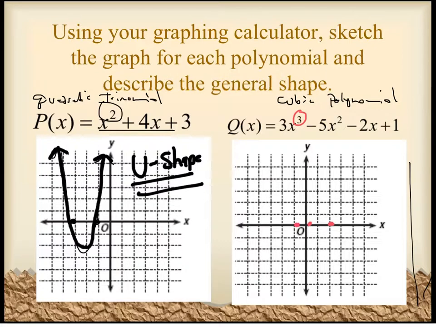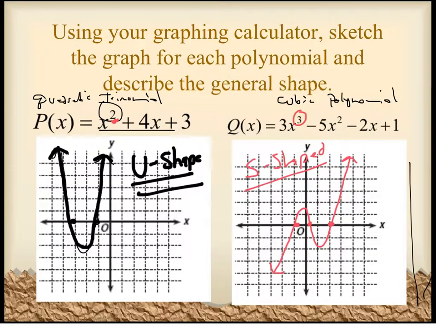I'm going to draw the general shape now. This guy comes up, comes back down, and there's our shape. And notice the difference. We have a squared guy right here, and I have a U-shape. I have a cubic guy, and we're going to call this guy S-shaped. A couple things here.